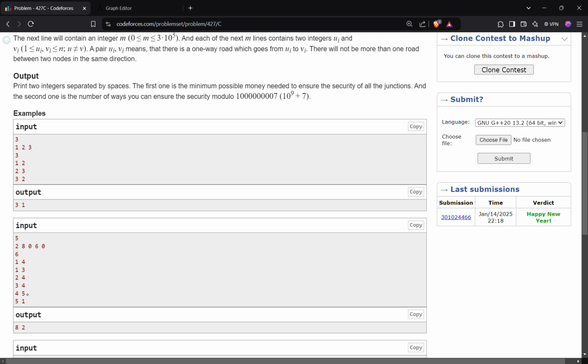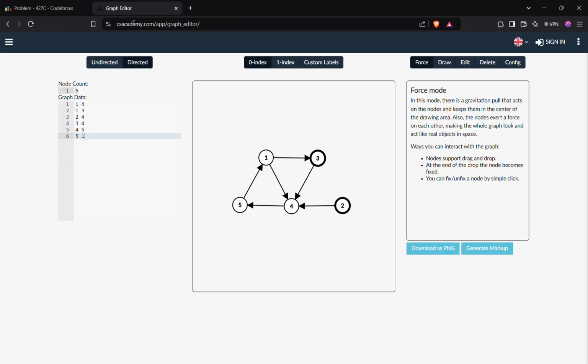And that is why our cost is 8 plus 0, 8. And what are the number of ways to achieve this cost, the minimum cost and the minimum number of checkposts? So instead of 3, I could have also established a checkpost at the 5, right? Why?